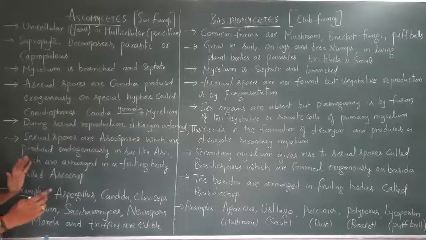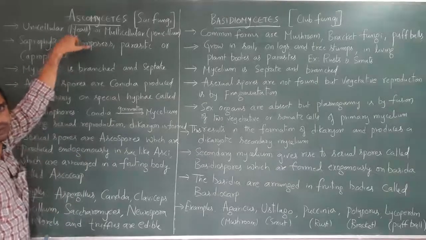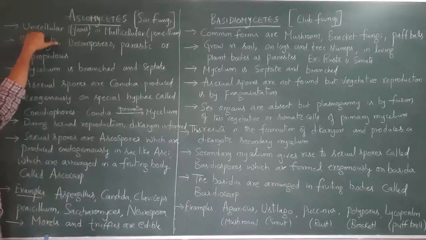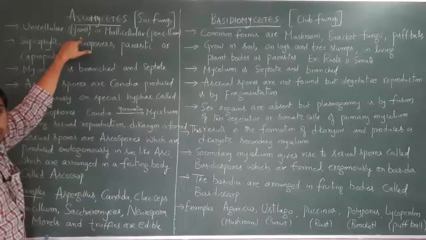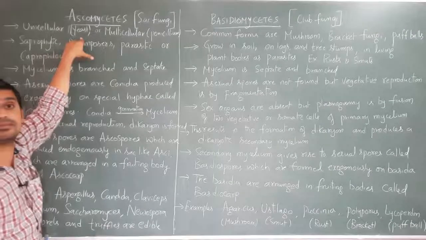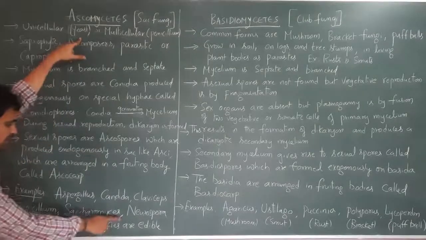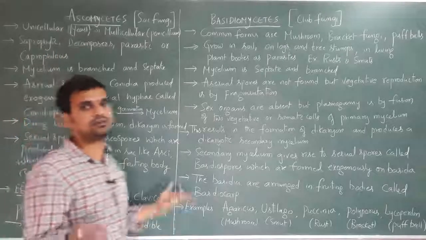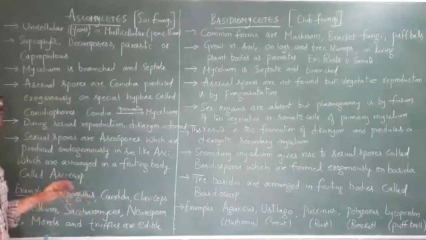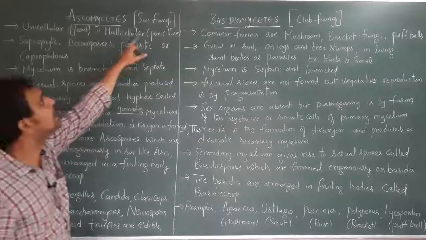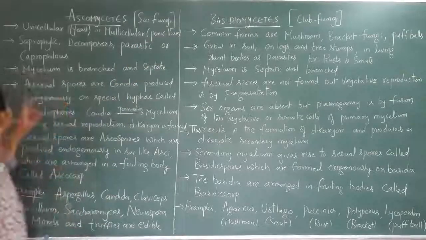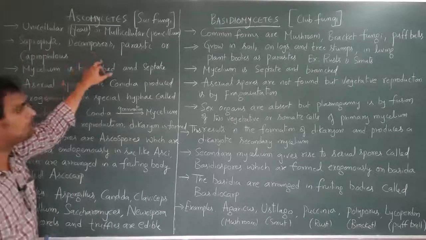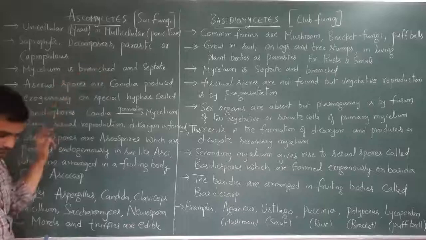The best example for the unicellular fungi is the yeast, Saccharomyces. So they may be unicellular or multicellular. Multicellular means the fungal body consists of a number of cells. Example, penicillium. Usually they are saprophytic, decomposers, parasites or caprophilous.